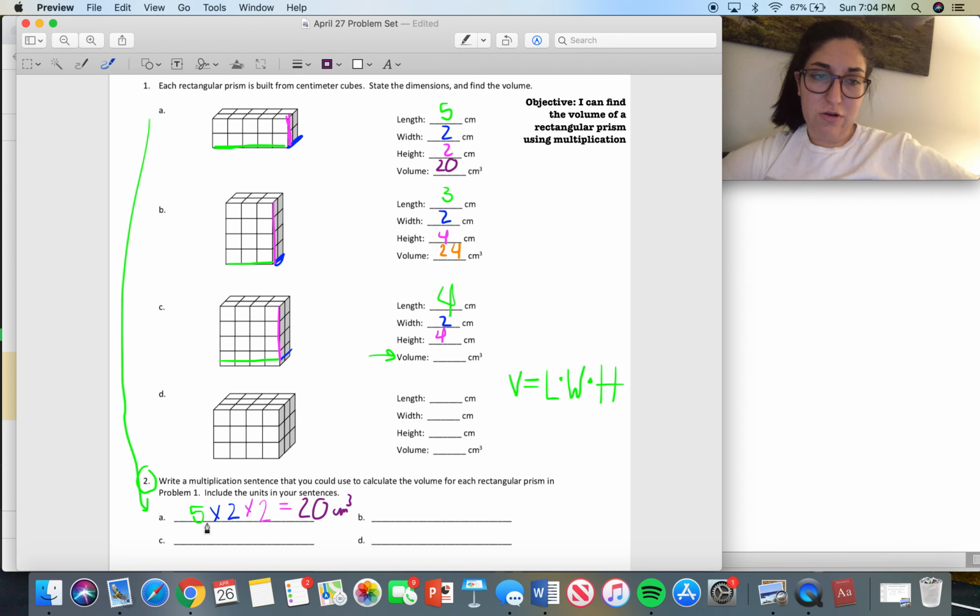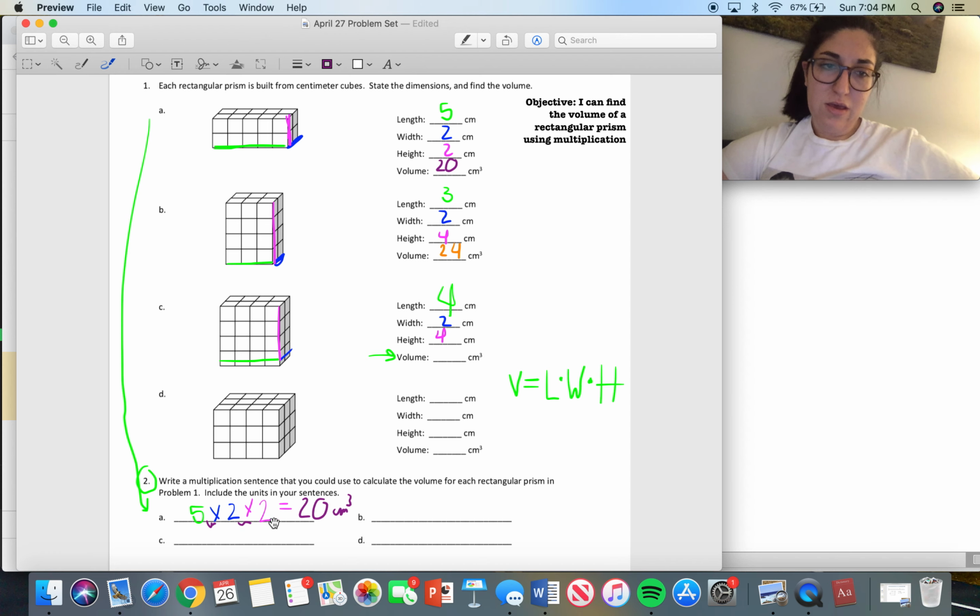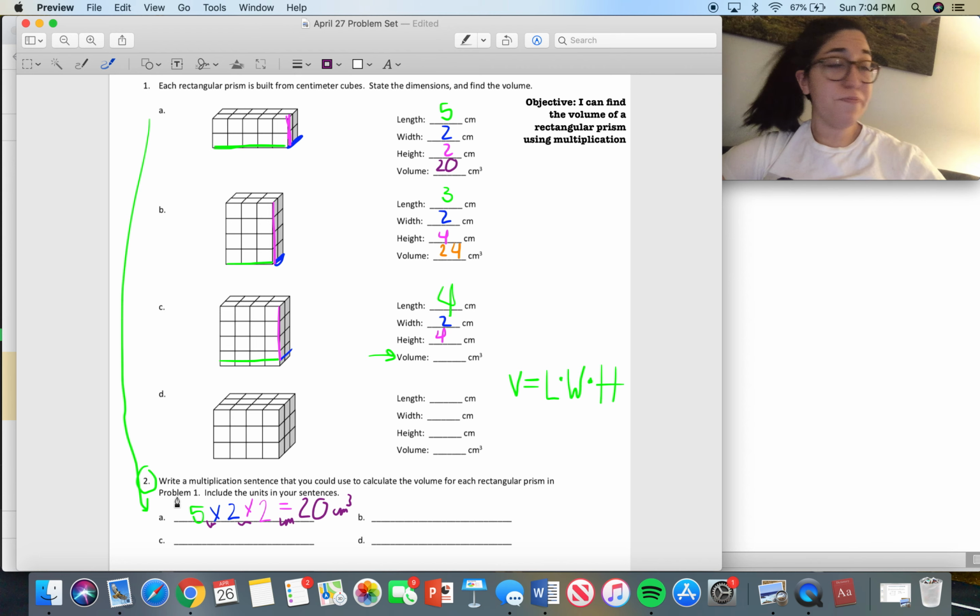And what I should have done here also is written a little cm there, a little cm here, and a little cm here to show that it's centimeters that I'm working with.